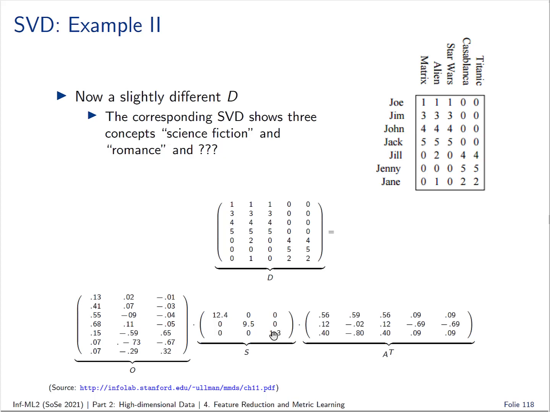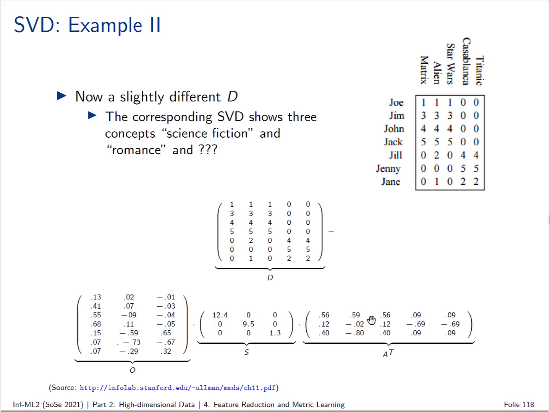Setting this one to 0 would lead to all of the values in the third row being multiplied with this 0, which means that they get 0. So setting this value to 0 would omit this third feature.